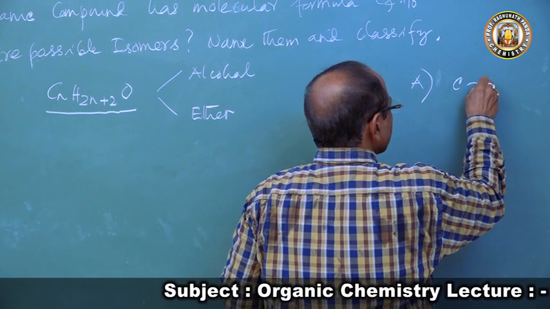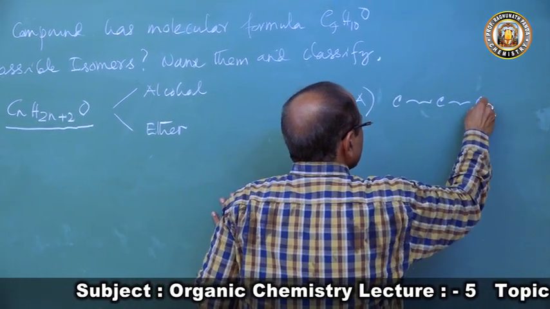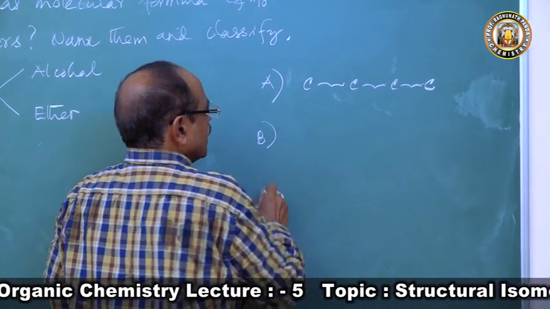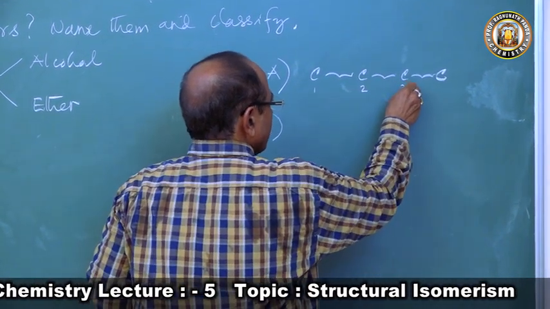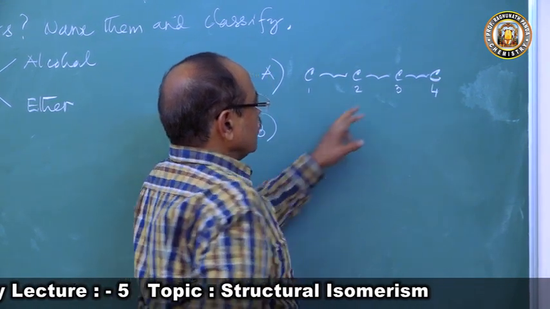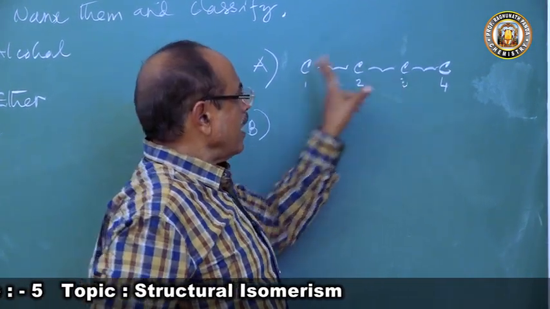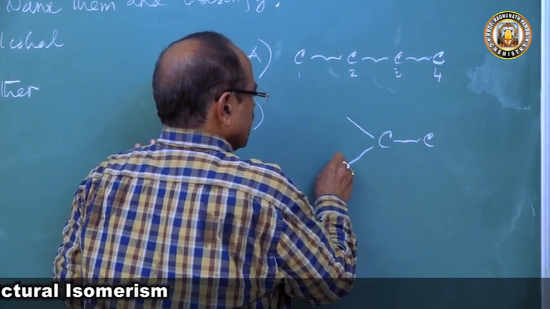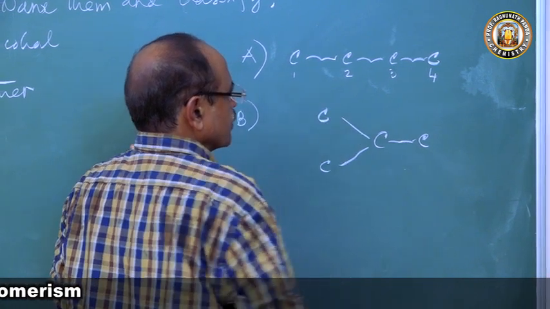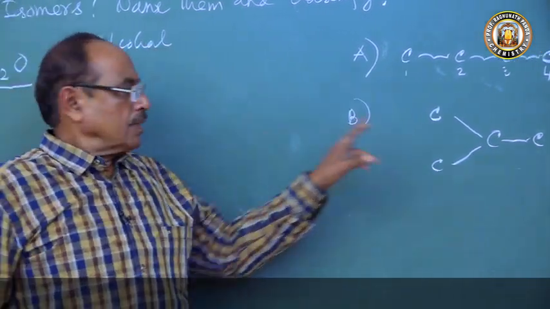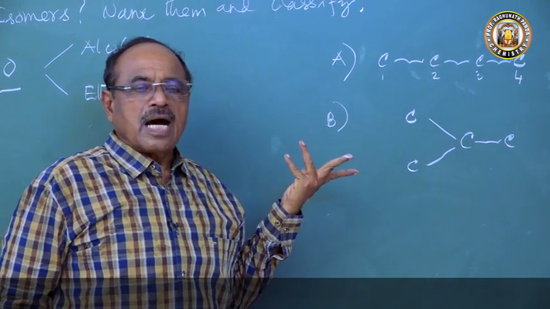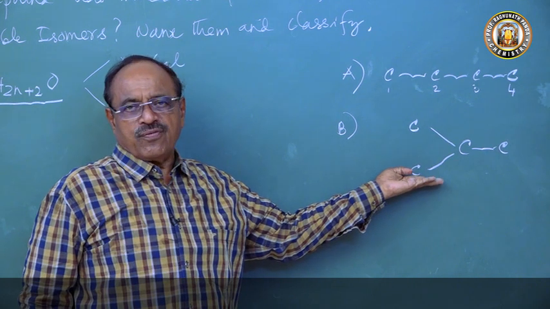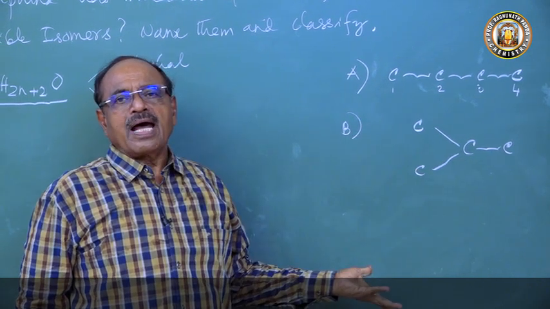I can have one chain C, C, C, C. I can write the 4 carbons like this, or 1 carbon, 2 carbon, 3 carbon, 4 carbon. So at the third carbon atom, keeping it constant, I will have a branched chain. So third and fourth I wrote, and here are the Cs, 2 Cs are there, C and C and C. On this we will have PF, on this we will have PF, and for them we will have the metamer.